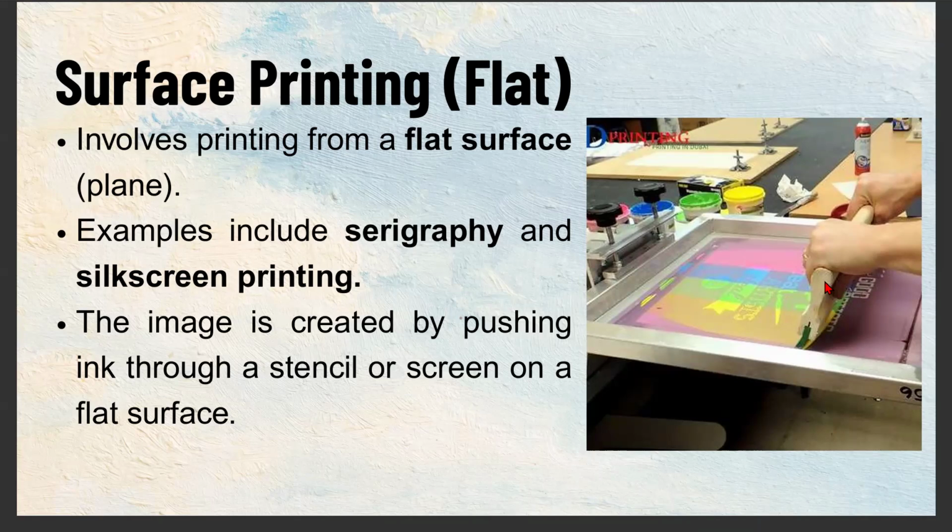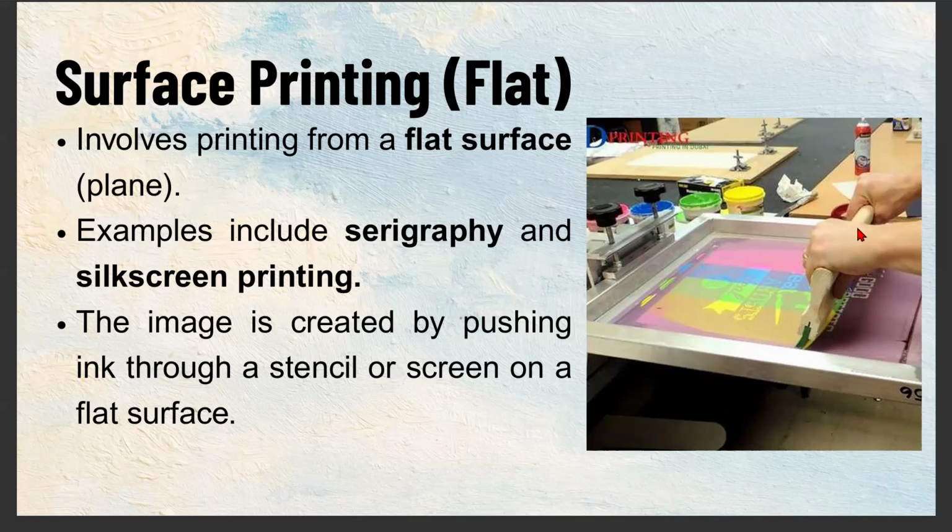Alright, going back to surface printing, it uses a flat surface to print a certain artwork or design. It uses a stencil or something that we can call a silk screen. And then right after that, the ink needs to pass through the screen to the medium. Sometimes it can be clothes or sometimes it can be paper.